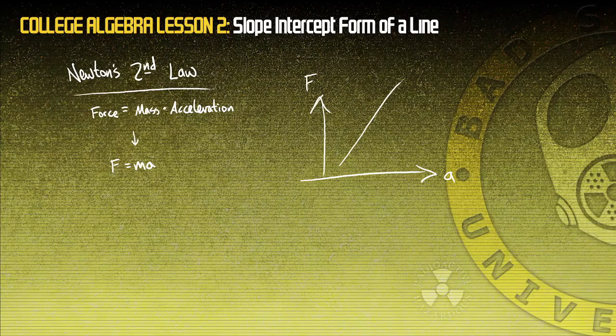So the units for force here is kilograms times meters per second squared. Mass is just in kilograms, and acceleration is meters per second squared.